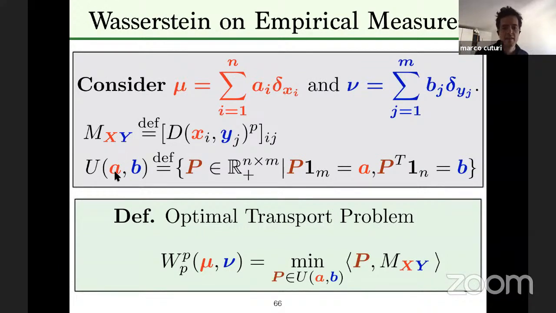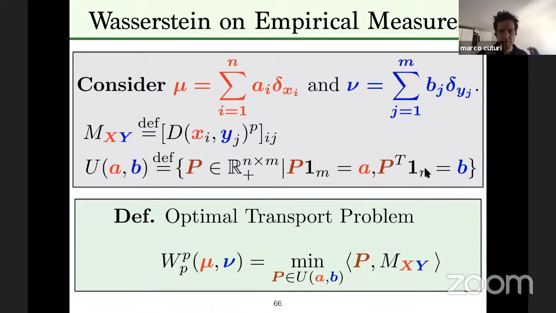And we are going to take apart the masses to create a space of couplings. So it's a set of discrete couplings. It's just matrices of size n times m, non-negative, such that the row sums are equal to a and the column sums are equal to b.